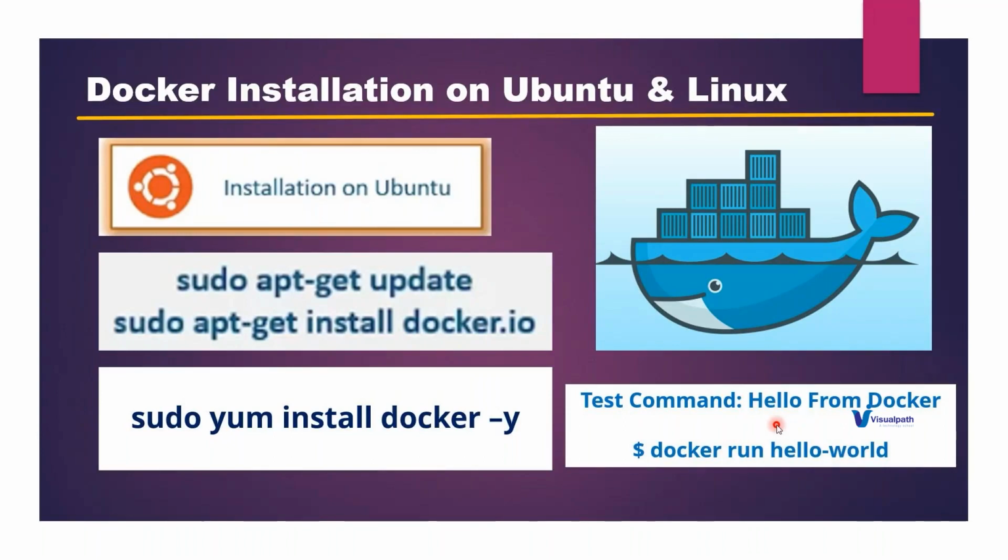If there is any issue, you will not get this message; it will tell you there is some error. So it's just a verification step. We spin up one container and Docker says hello to me, which means my installation has been successfully done. Simple command, and anyhow I'll be sharing this PPT and everything with you guys.